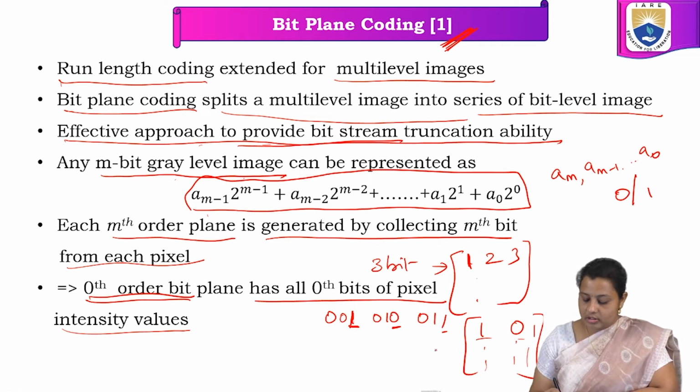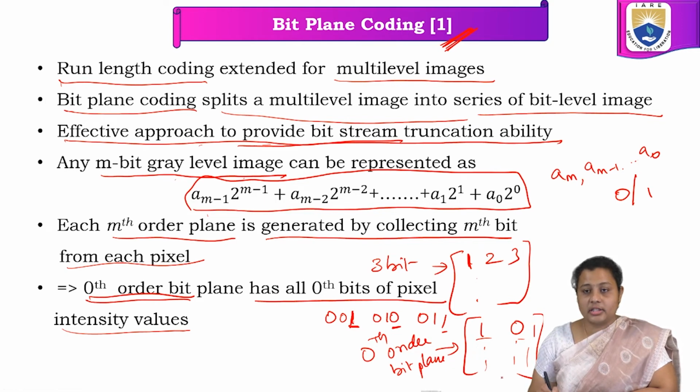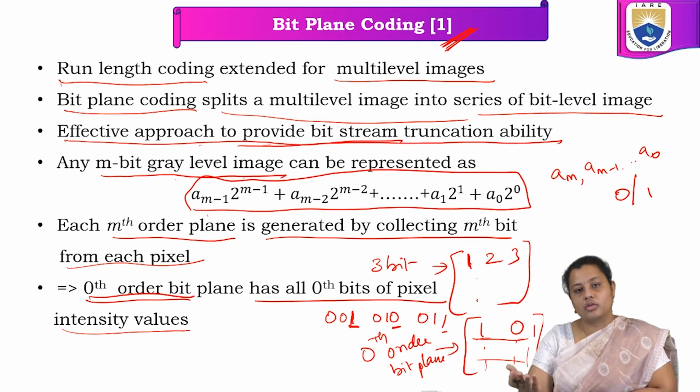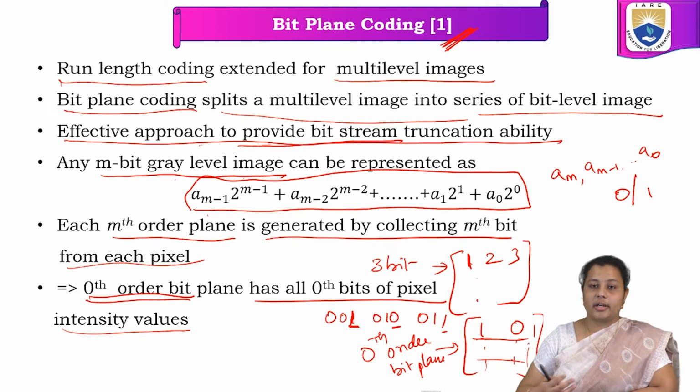This is called the 0th order bit plane. That is how bit plane coding is done. After we get this, we can consider it as a single binary image having either zeros or ones, so for each matrix we can apply run length coding.